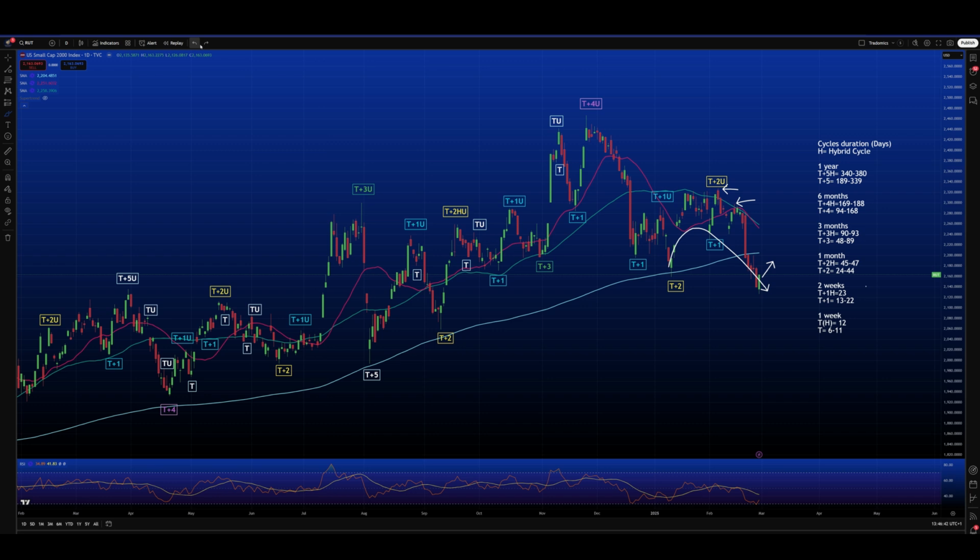And in terms of T plus 3, as I said, upward cycle, the key level is this one at 2297, and this one is at 2326.